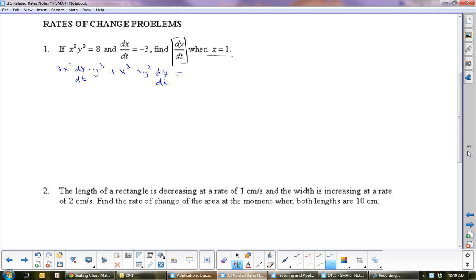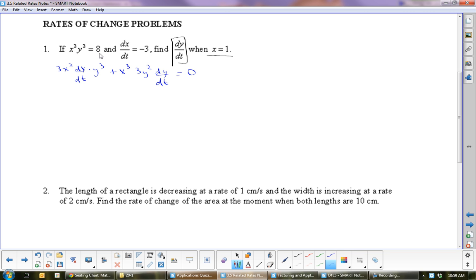Dy over dt is y prime, yeah. I put it in the first one because we're always doing it with respect to time. If I was doing this with respect to x, this would be dx over dx and it would cancel. But because these are all rates, when I take the derivative of this, it was 3x squared, and then I have to do the derivative of the inside, which is dx over dt. So you kind of have to do the chain rule when you're implicitly deriving.